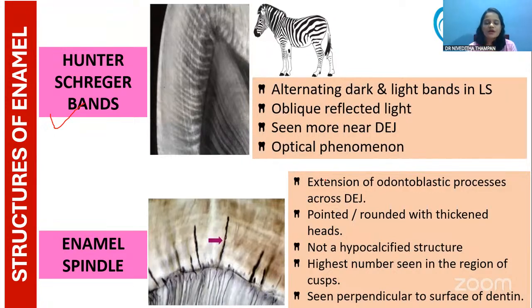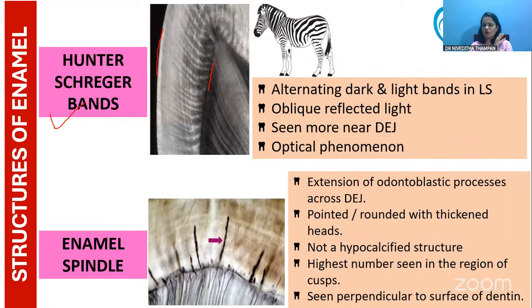These lines are more prominent near the dentinoenamel junction, and towards the tip portion they are not as prominent. Earlier, researchers thought it was because of some difference in calcification in the enamel rods.